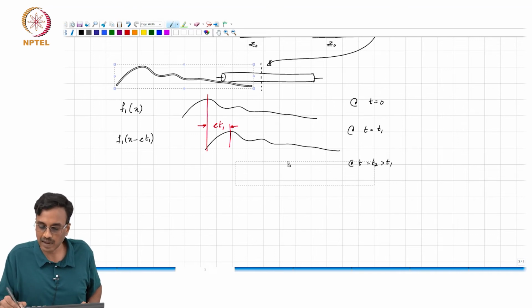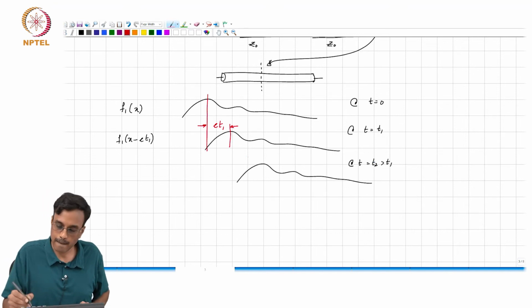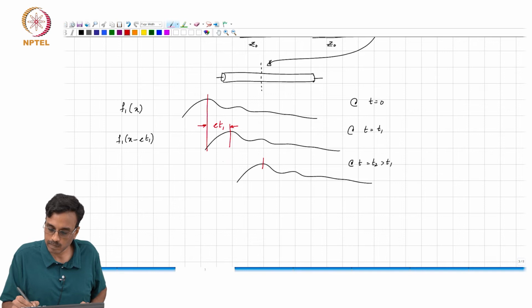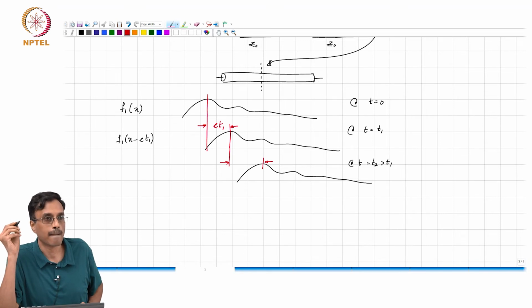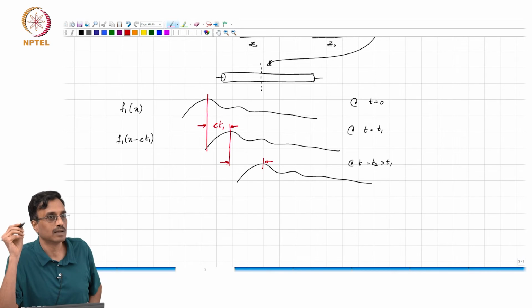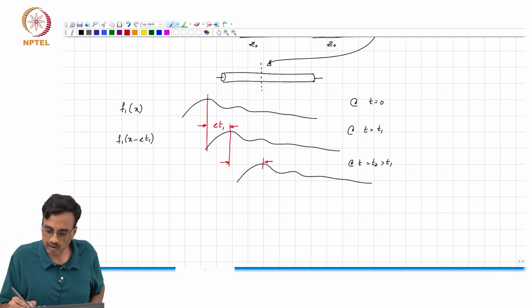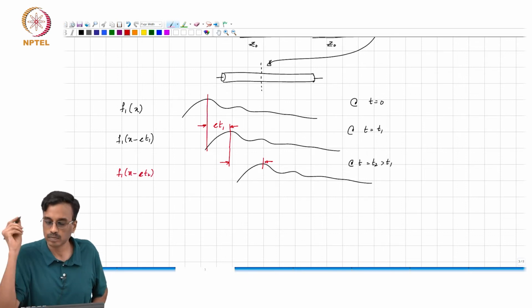The shape will look the same, except that how much would it have traveled? Yeah, this will go further, this is f1 of x minus ct. Right.